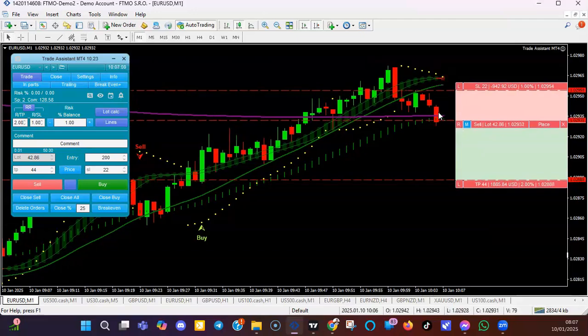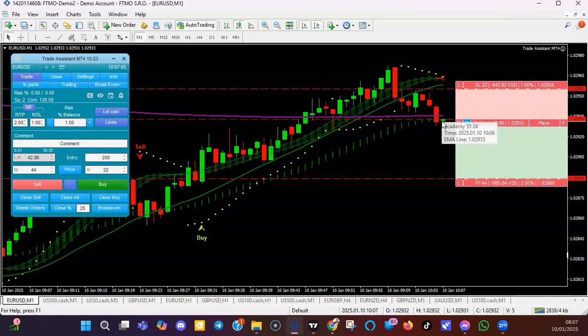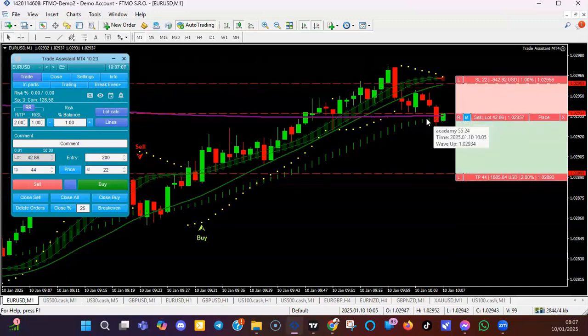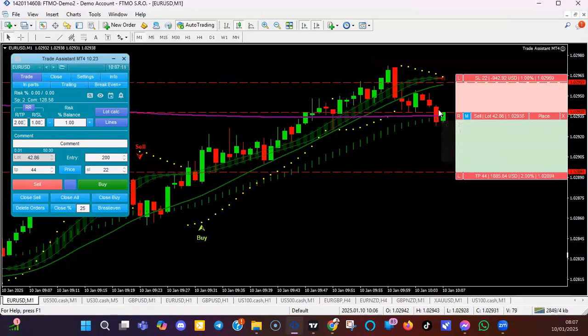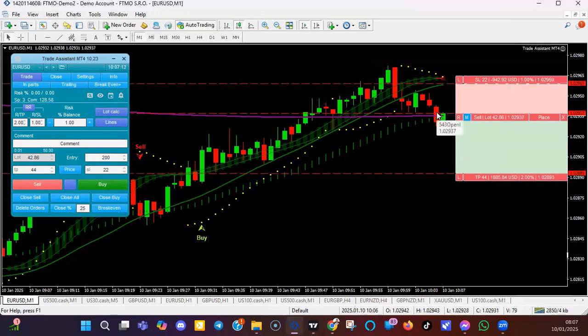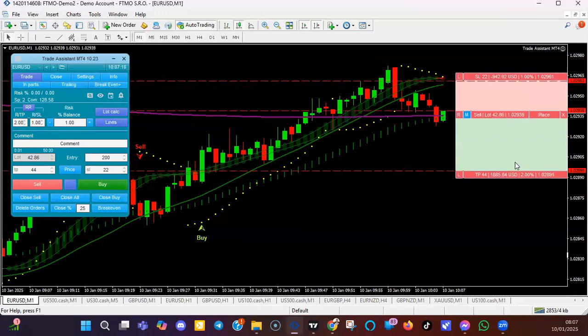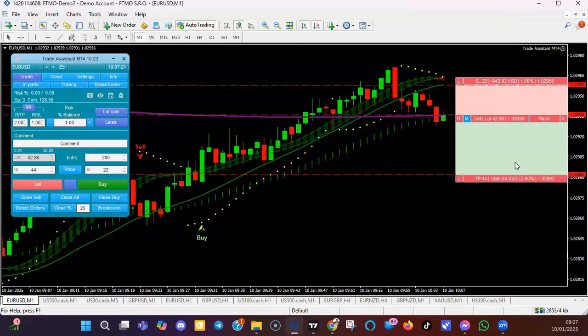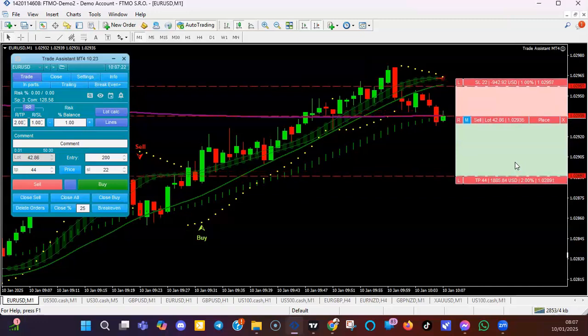In actual fact, I might just go a bit above because we've got a double barrier there. Not only this in the wave, but also the purple line. So I might put my stop loss just where it is right now if we ever do carry on down. But we'll have to wait and see on that.